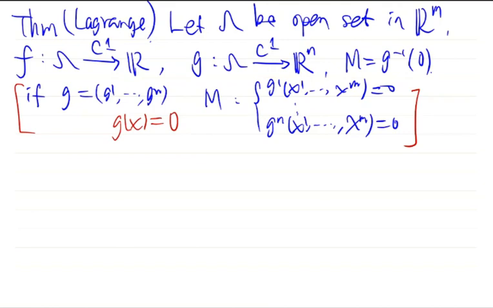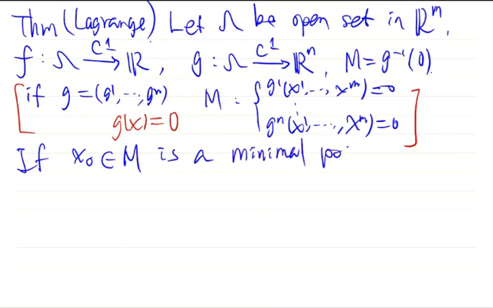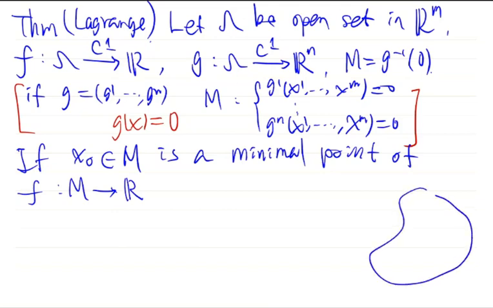So this is the setting of our theorem. Suppose x0, a point in M, is a minimum point, or maximal, that's okay, of this function. We restrict our f to the set M. This is omega, and our set M is here.